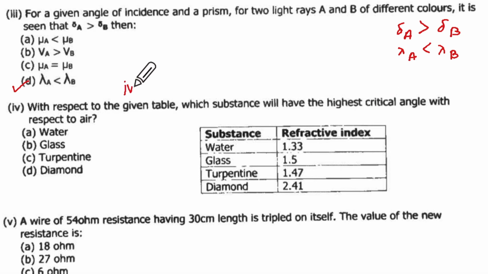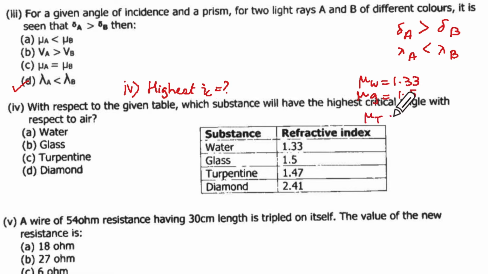With respect to the given table, which substance will have highest critical angle with respect to air? So for the fourth part, they are saying highest IC. Okay, now your thinking step is your mu water is 1.33. Mu glass is 1.5, mu turpentine is 1.47, and mu diamond is 2.41.